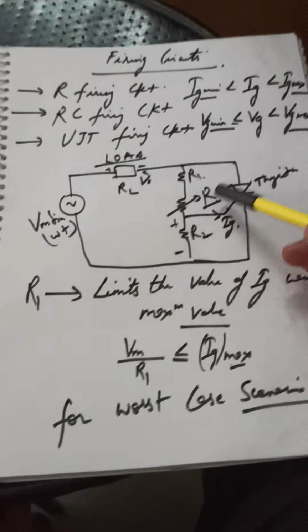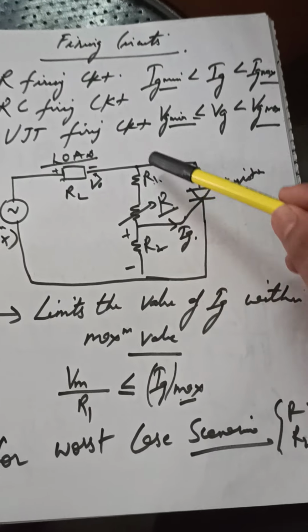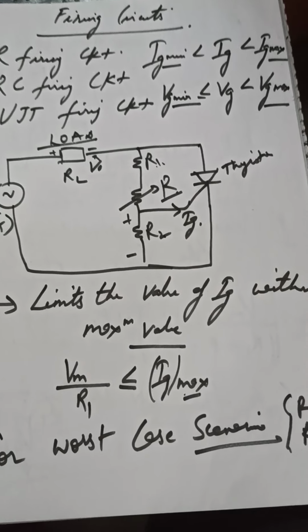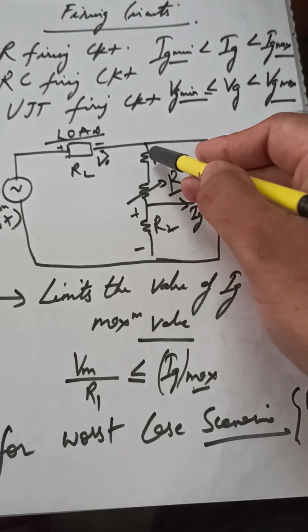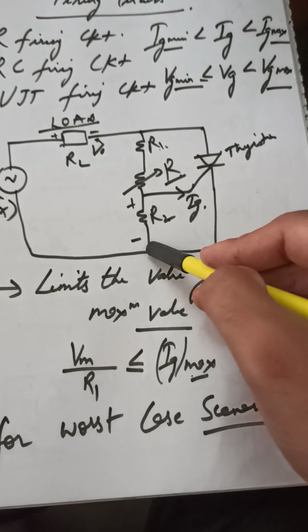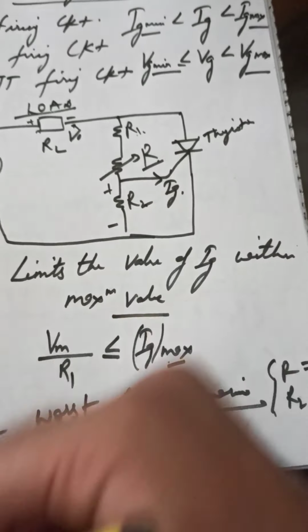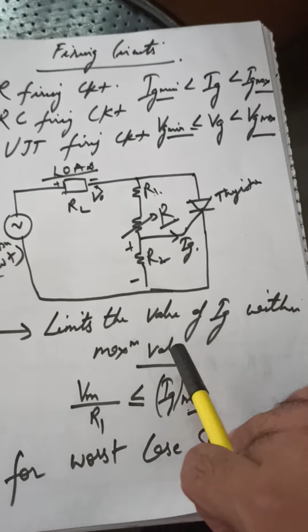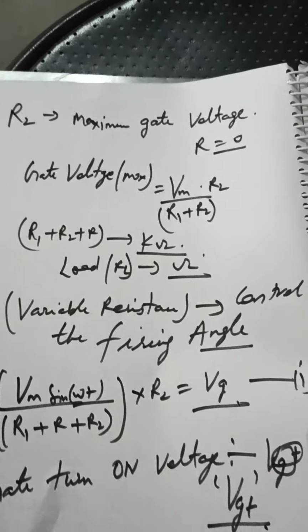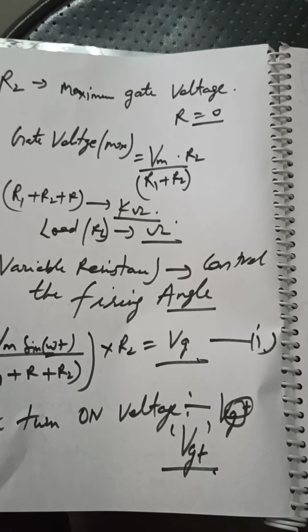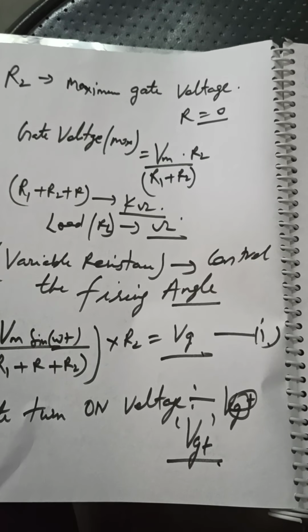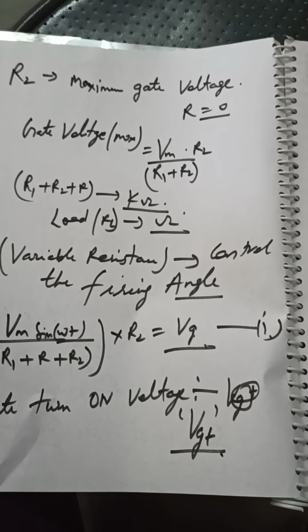Suppose R is 0. So Vm upon R1 plus R2 will be the current in this branch, and that current multiplied by R2 will give you Vg. That is what we were discussing, that the gate voltage is Vm upon R1 plus R2 into R2. It is quite clear, it is quite evident.